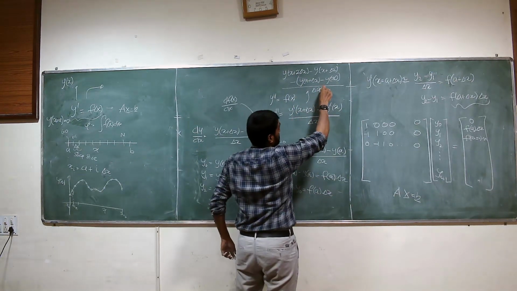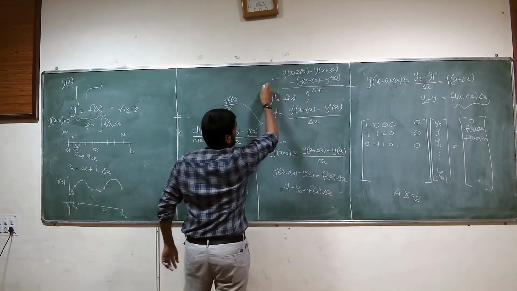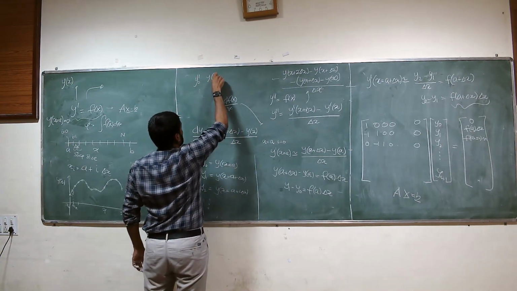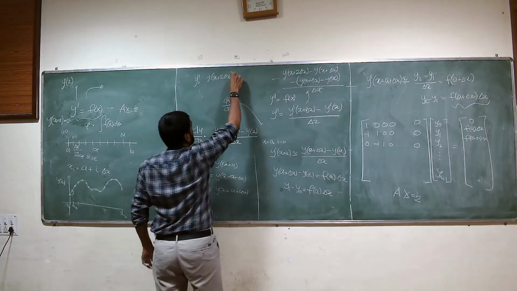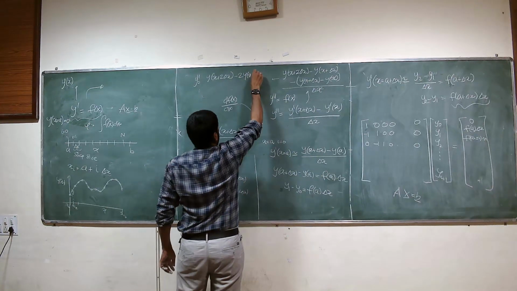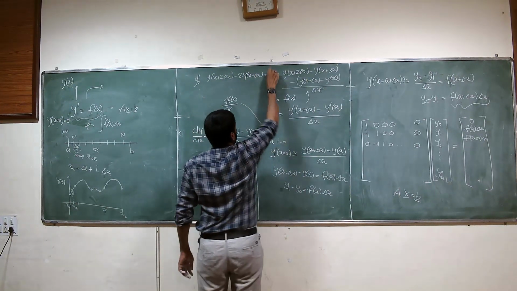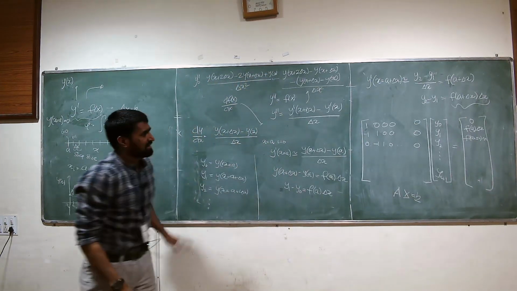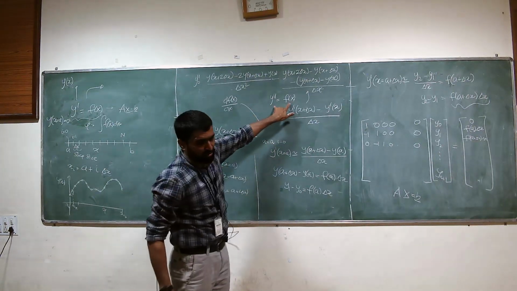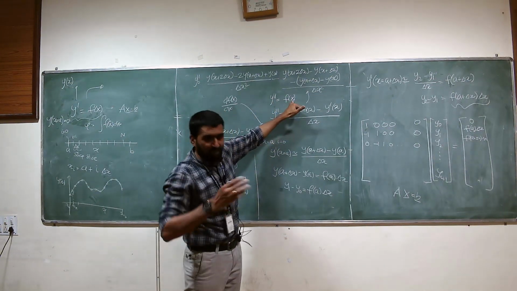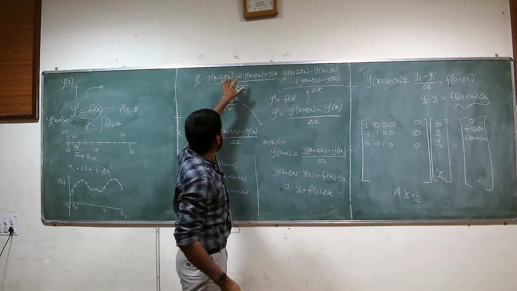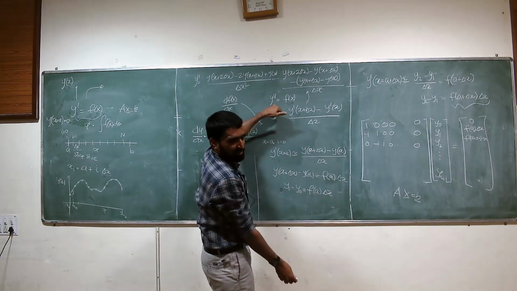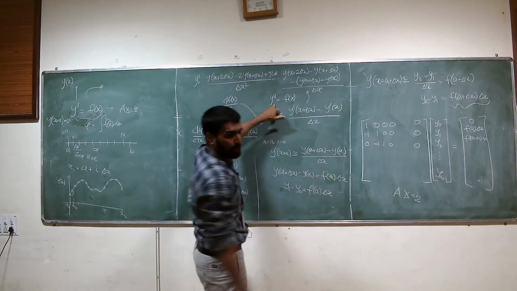That means this will become a square, and essentially your y double dash will be approximated by y of x plus 2 delta x minus 2 times y of x plus delta x plus y of x, divided by delta x squared. Now if this is what you want to solve, at each value of x where you want to compute your y, you use this as an approximation for your second derivative, and then you will get a bunch of linear equations that you can express like this and then solve.